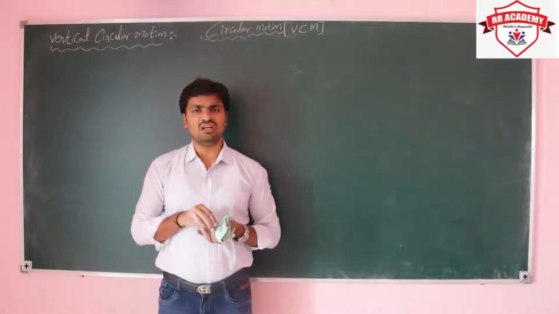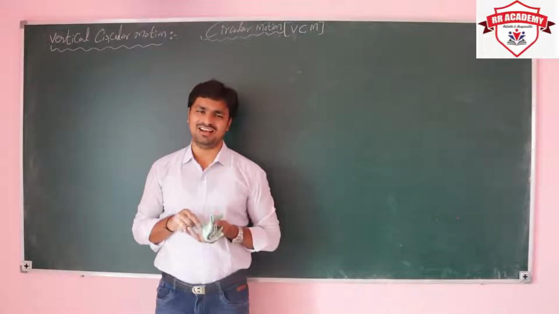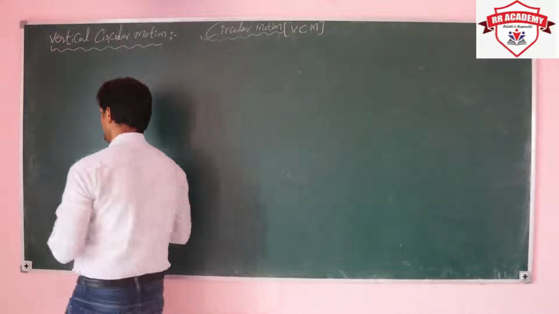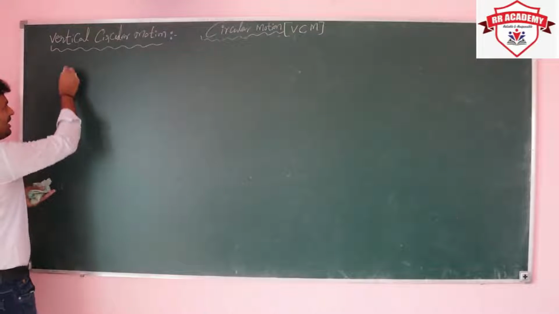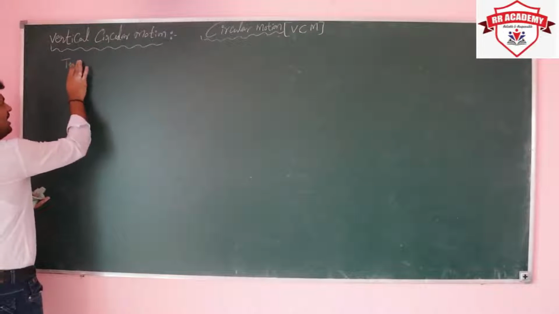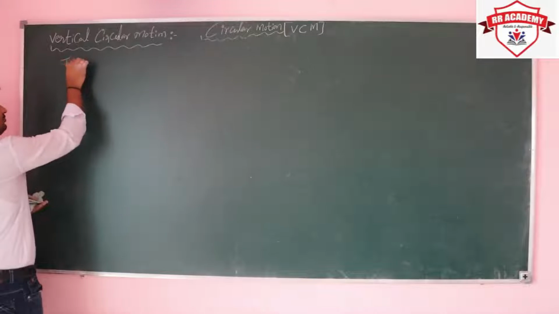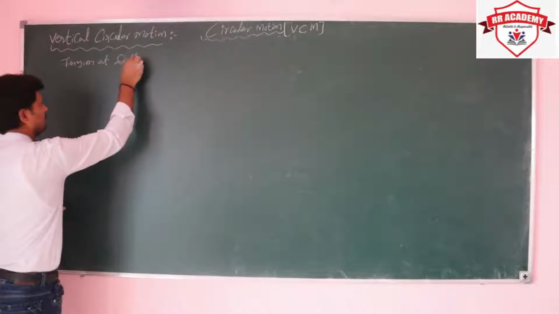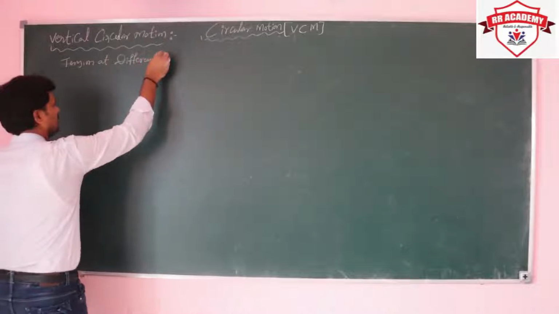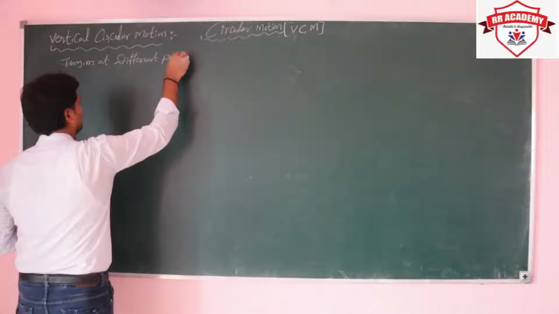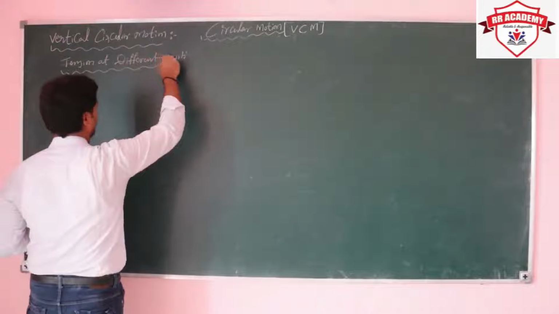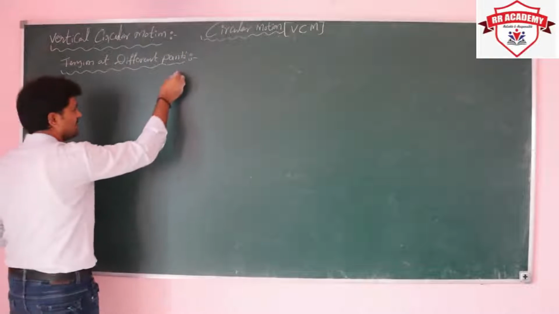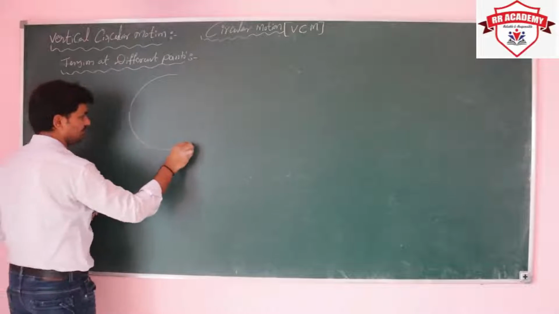So now we will discuss the tension at different points in vertical circular motion. So now we are going to calculate tension at the different points. Here we are considering the vertical circular motion.